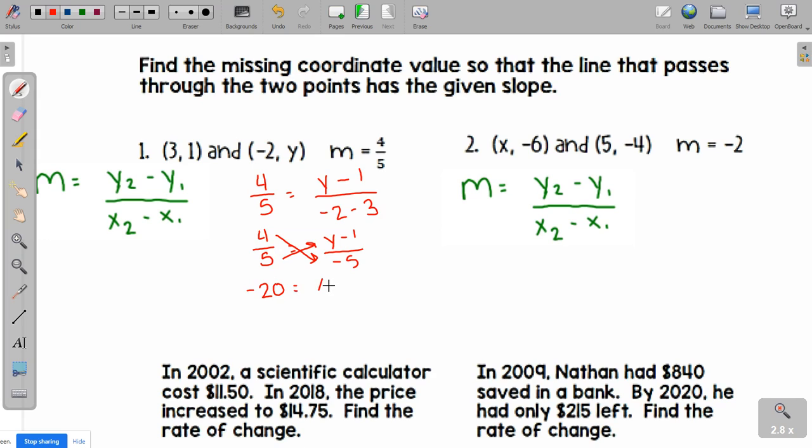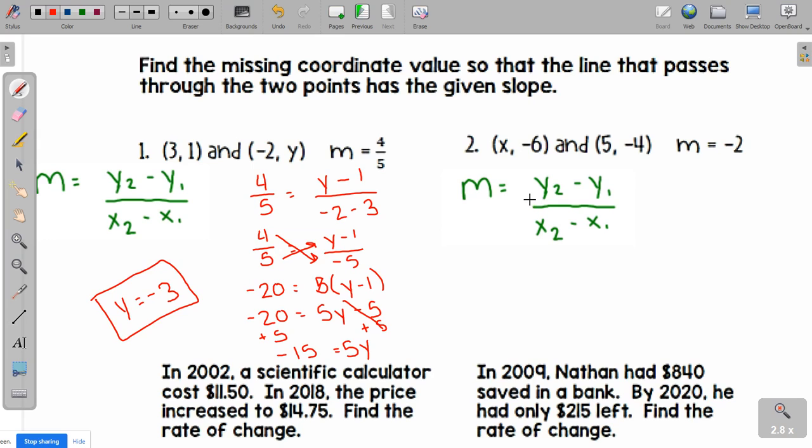And we have 5 times y minus 1. Distribute. Add. Divide both sides by 5. So y is going to equal negative 3.